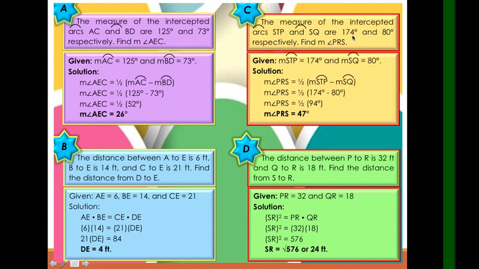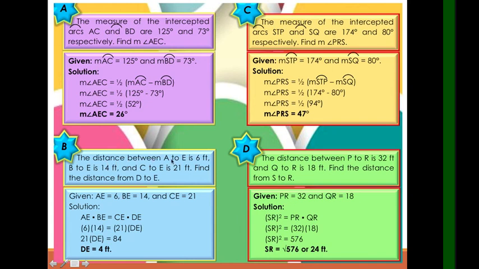Maybe you're asking saan galing ito. Actually, given siya sa problem. Okay? Given yan sa problem. So, isosolve lang natin sila. So, using the theorems in tangent, secant, and segments. Okay, so we have 174 degrees and for the SQ arc is 80 degrees. So, we need to subtract the two, so the answer is 94 divided by 2, 47 degrees ang answer natin.